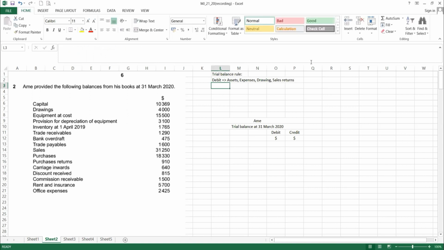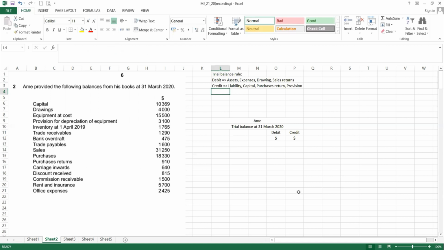In the credit, you have liabilities, capital, purchases return, and provision accounts. So this is the general idea about the trial balance rules.